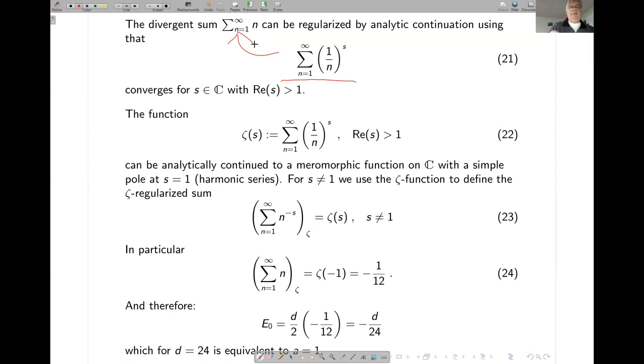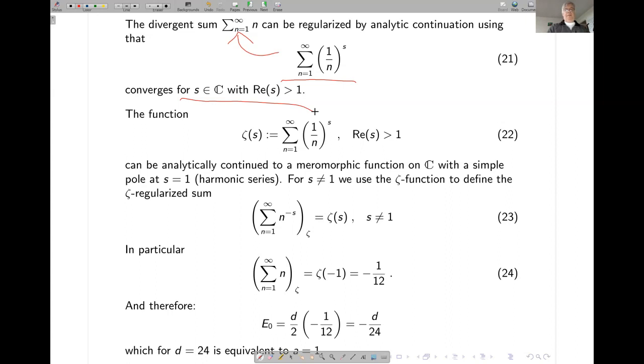We now realize that the sum converges for complex s as long as the real part of s is larger than 1. In fact, real part of s equals 1 is the harmonic series, which we know diverges, but we also know that if we have a slightly higher power on 1 over n than the first power, then the series starts to converge.